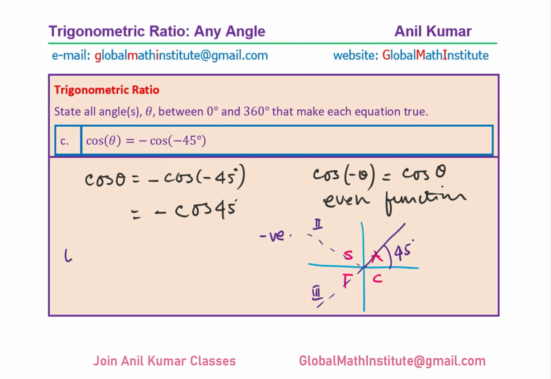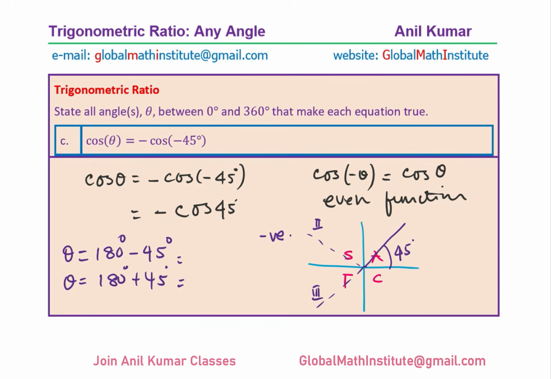So that gives you theta in quadrant 2 will be 180 degrees minus 45 degrees, and in quadrant 3 it is going to be 180 degrees plus 45 degrees. Makes sense? Correct? So one of the answers is 225. Oh, I added it first.